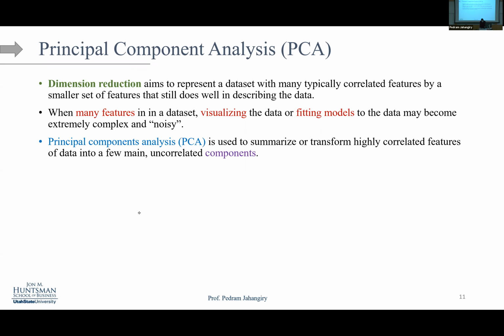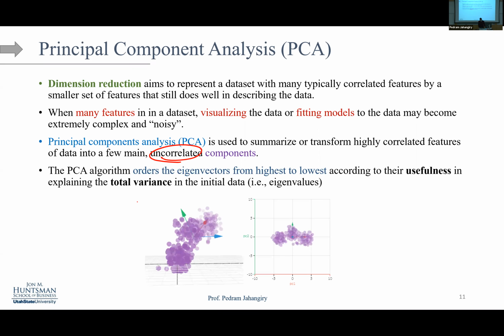PCA is used to summarize or transform highly correlated features of data into a few main uncorrelated components. How do I know that it's uncorrelated? Because PC1 is orthogonal to PC2, orthogonal to PC3, and so on. This is really cool. Okay, the PCA algorithm orders the eigenvectors from highest to lowest, right? And how does it order the eigenvectors? By looking at the eigenvalues.